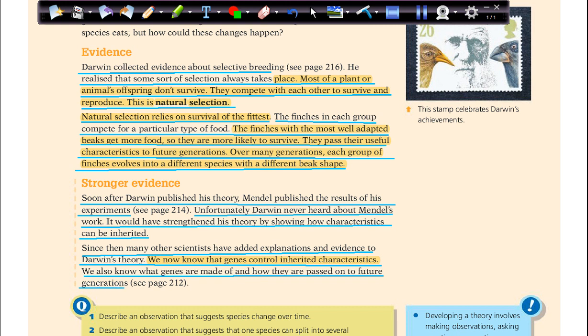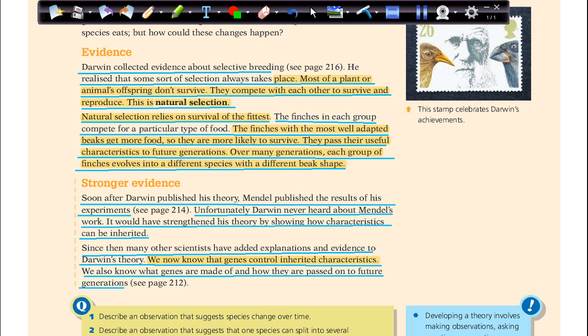Because of these scientists and their works, and other scientists adding theories to theirs and proving them, we now know how these characteristics are inherited, how they are passed from one generation to another, and how life and its characteristics developed over years and over generations.